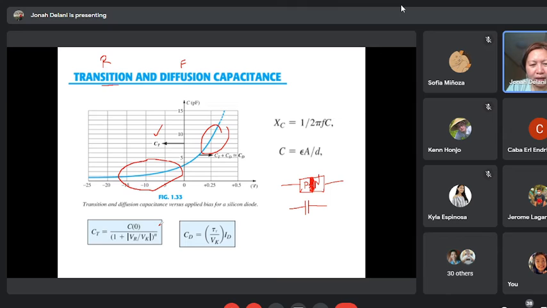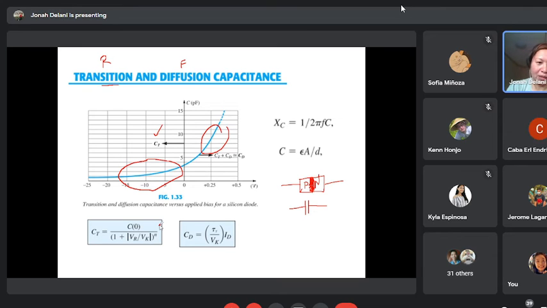This is when the diode is used in a high frequency environment. Because of the characteristics of the diode, it might not act as expected, maybe due to its capacitances.